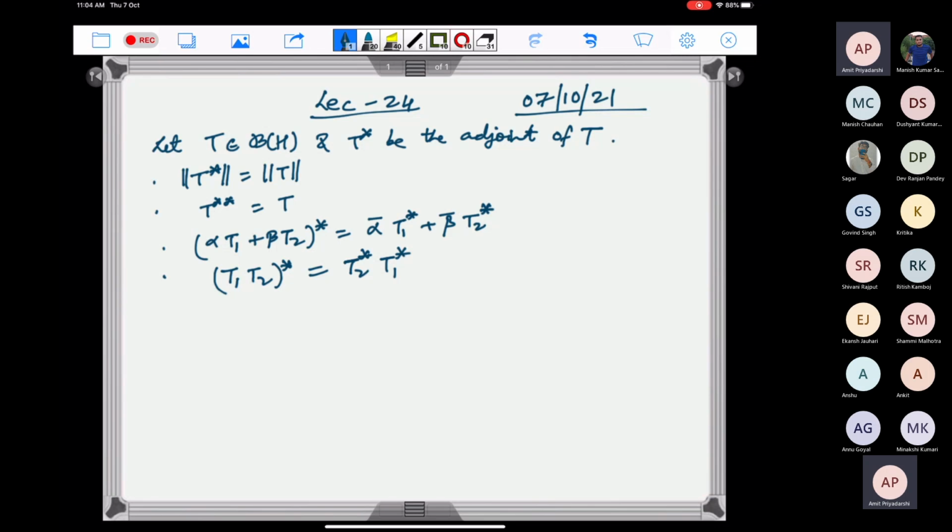And we have one more very important property that this satisfies.